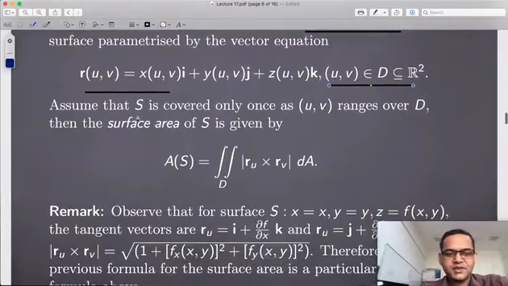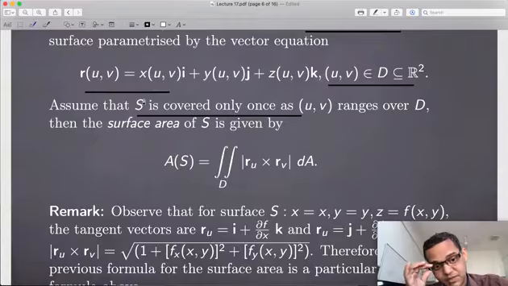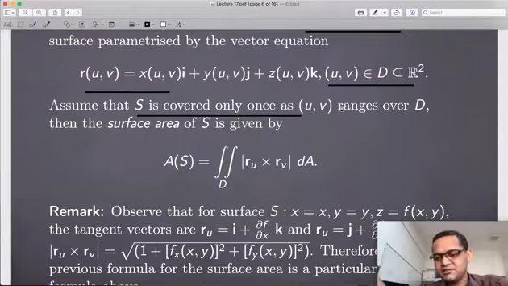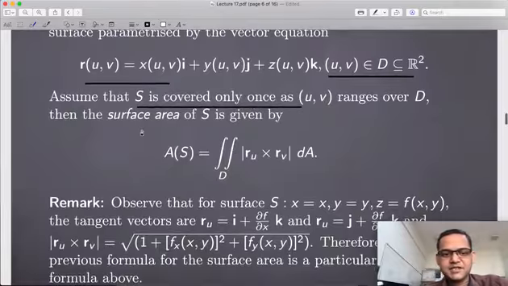Also important is that we cannot have multiple values. Here we are saying that S is covered only once as u and v range. We should not be mapping several things to just one, because that is going to create problems.